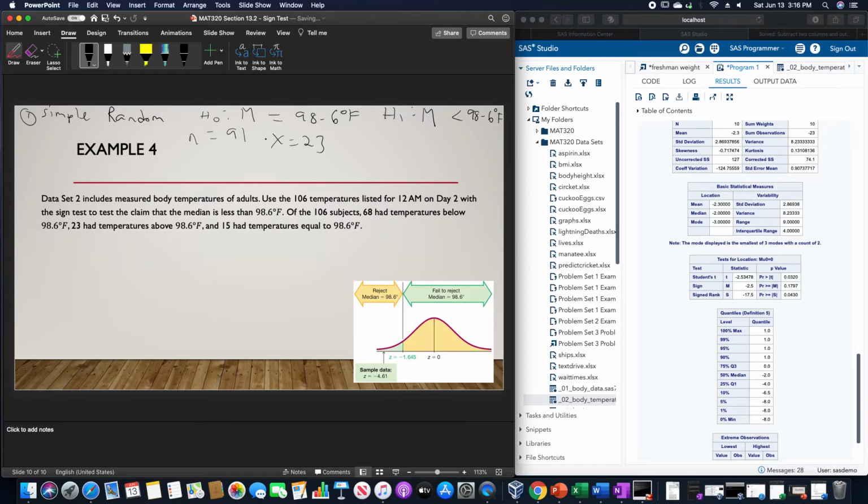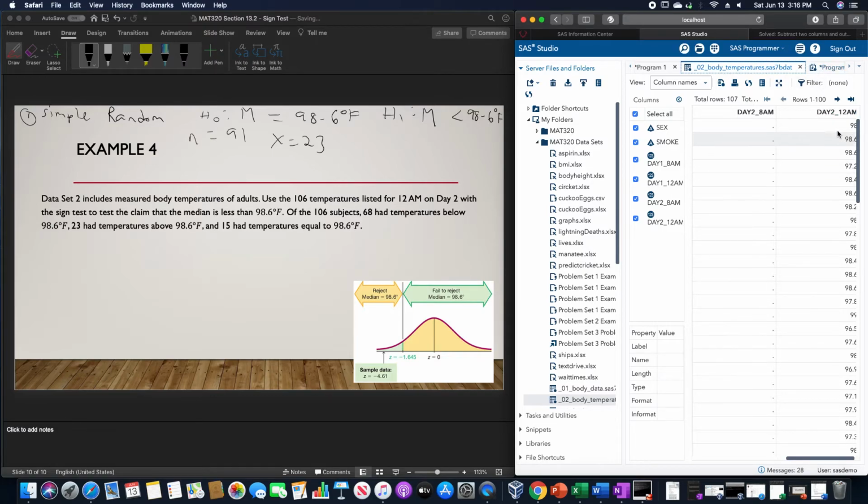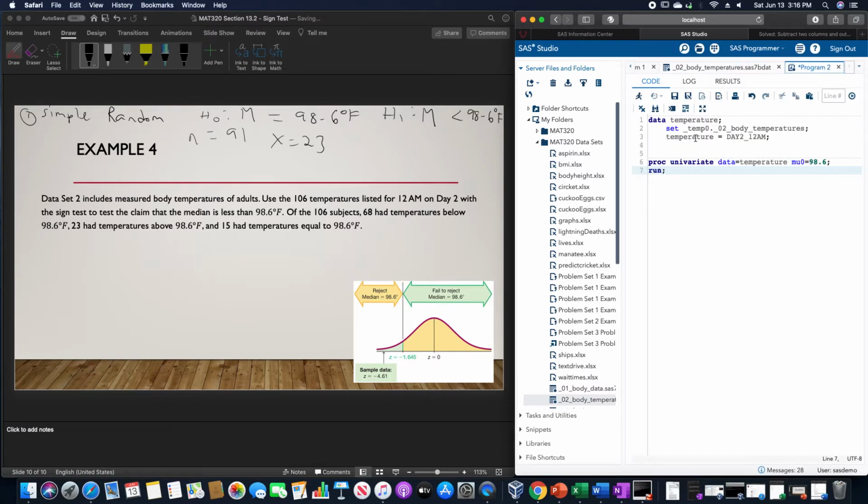Now we could go about calculating this using that z-test statistic, and in SAS, if we use those values, which are based upon the day 2 at 12 a.m. values, we could first subtract those. I'm calling this data set temperature, and we specifically just want the 12 a.m. for day 2, so set temp dot O2 underscore body underscore temperatures.